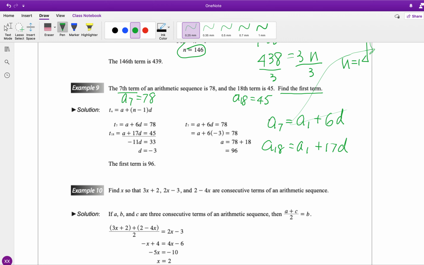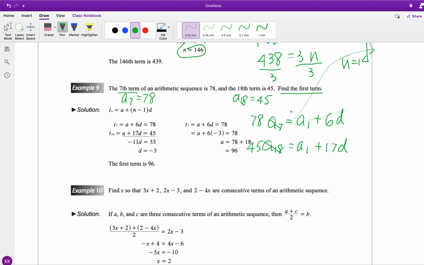So now we do know A7, which is 78, and we know A18, which is 45. So now we've got two equations: 78 equals A1 plus 6D, and 45 equals A1 plus 17D.